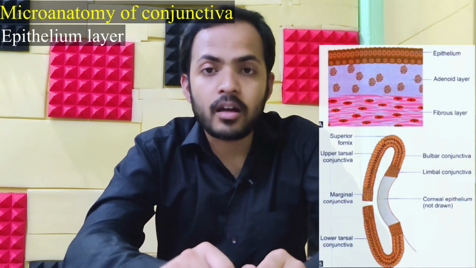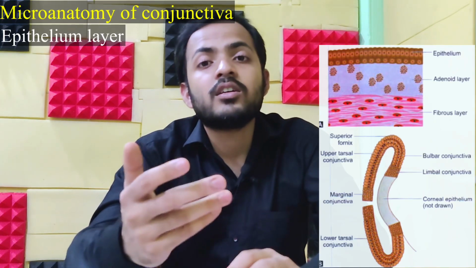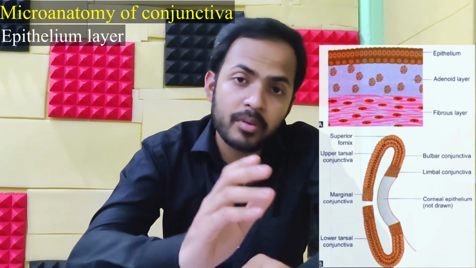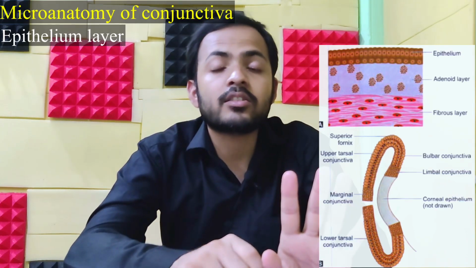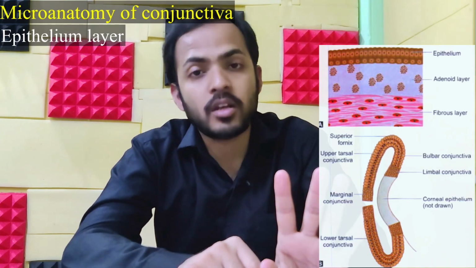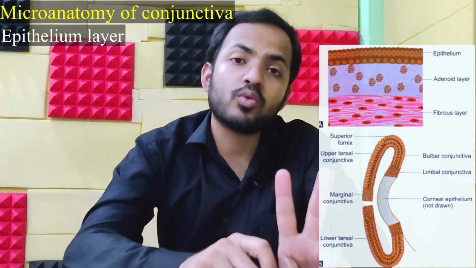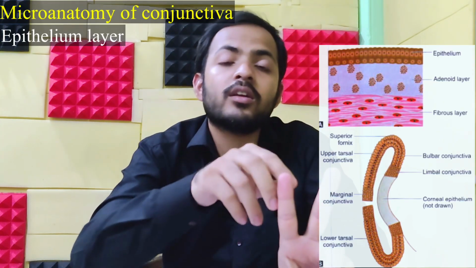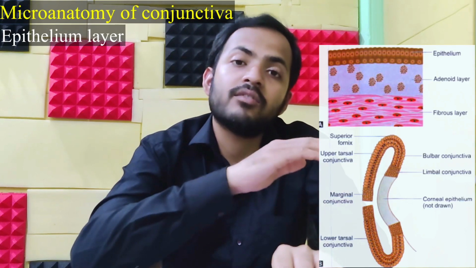This epithelial layer differs according to the place. In the marginal conjunctiva, this epithelium has 5 layers and consists of stratified squamous non-keratinized epithelium. In tarsal conjunctiva, this epithelium has only 2 layers, superficial and deep. The superficial one is cylindrical and the deep one is flat.